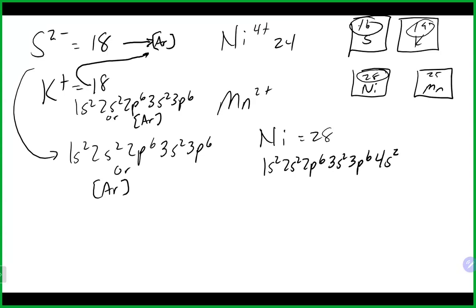And then we'll go 1, 2, 3, 4, 5, 6, 7, 8, 3d8 here. So when nickel, which is a transition metal, loses those 4 electrons, once again, because of that switch in energy, we will lose our 4s first, and that is 2 electrons. In this case, it still needs to lose 2 more, so we will then dig into our d's and take out the other 2.